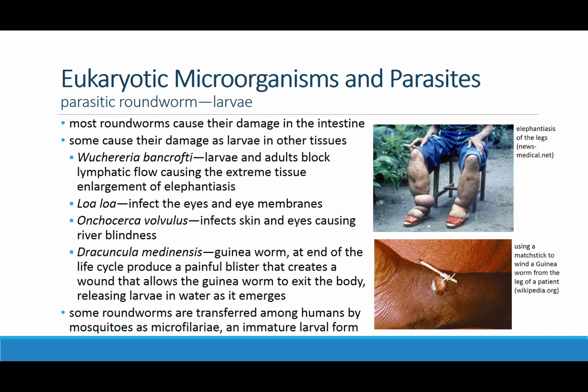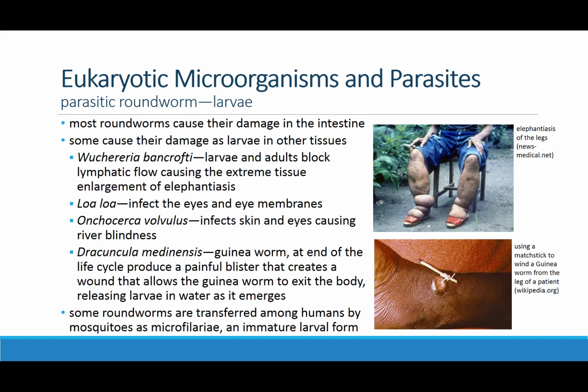And then Dracunculus medinensis, that's the guinea worm, and at the end of its life cycle, it migrates to the skin and forms a really burning, painful blister and a wound right at the skin surface. And the guinea worm will exit the body.